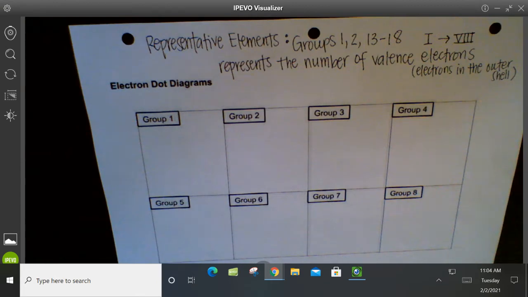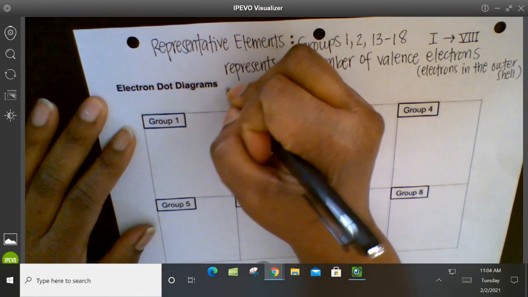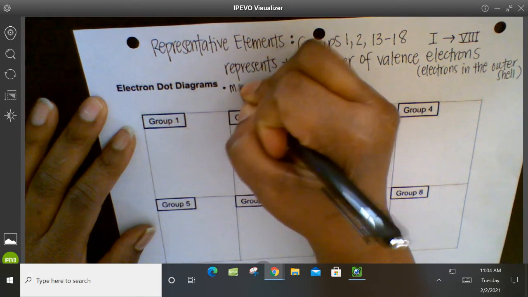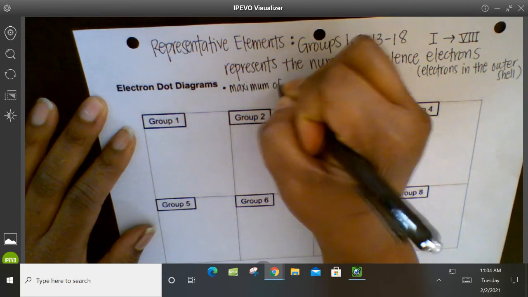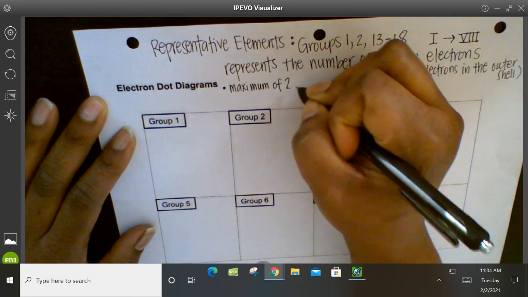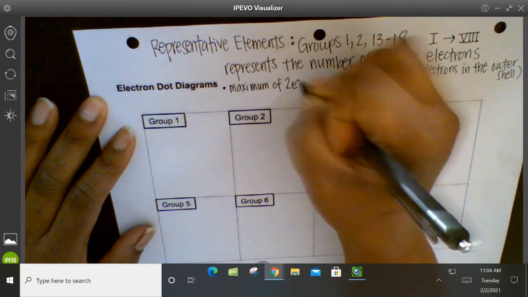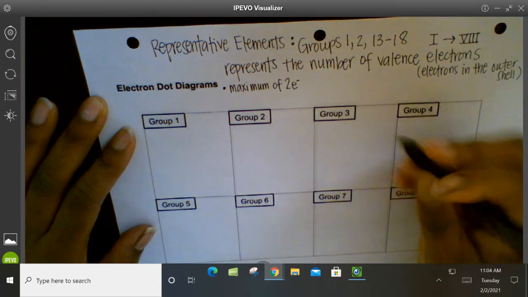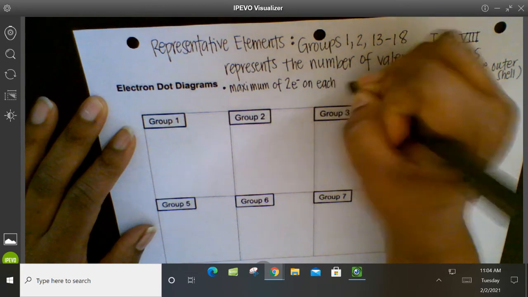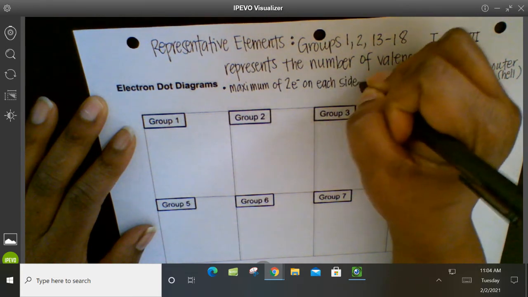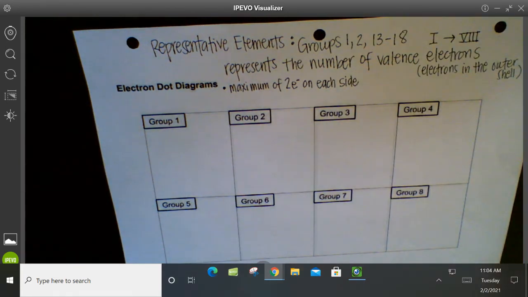I just want to give you a couple of rules when it comes to electron dot diagrams. The first rule is that there is a maximum of 2 electrons, and I'm going to represent electrons with e negative, on each side. So think about your symbols for your elements being in a box.